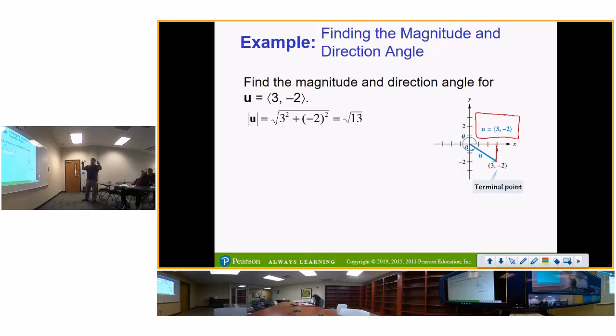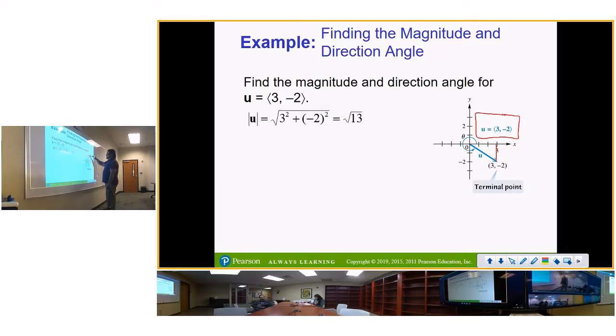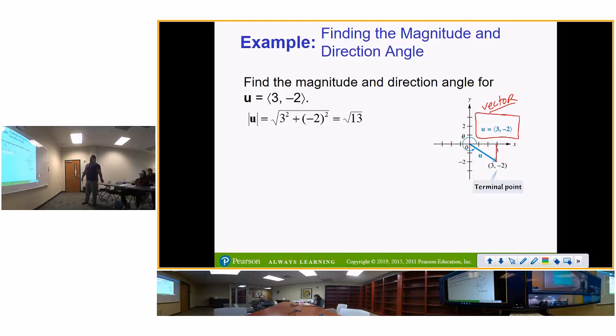It's got the angle brackets, so you know it's not a point coordinate, it is a vector coordinate. And you plug and chug, the hypotenuse is equal to 13. The hypotenuse in this case is the position vector.